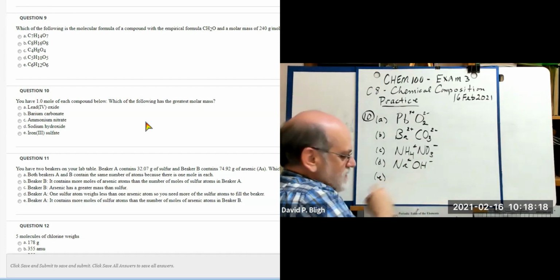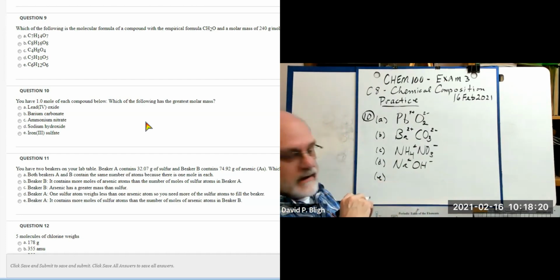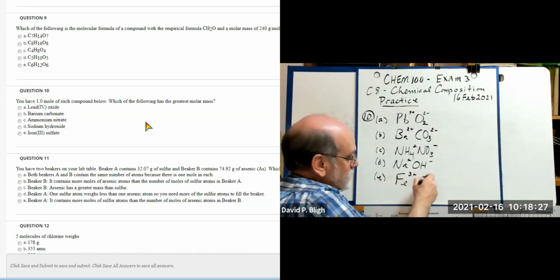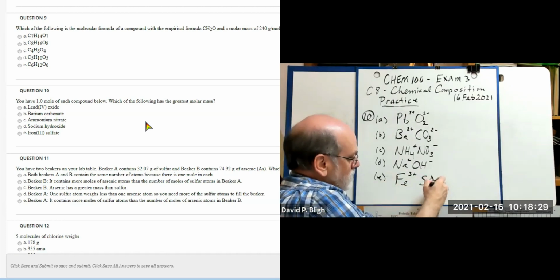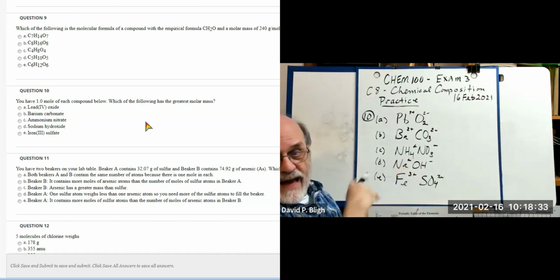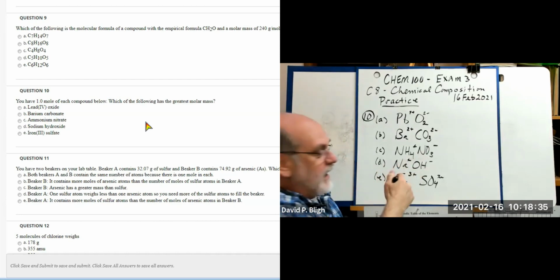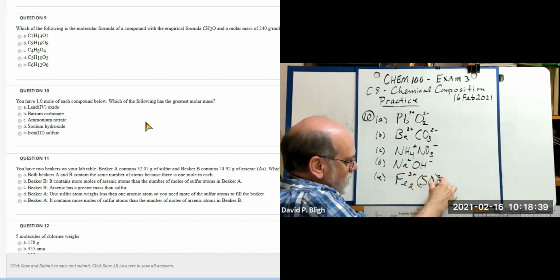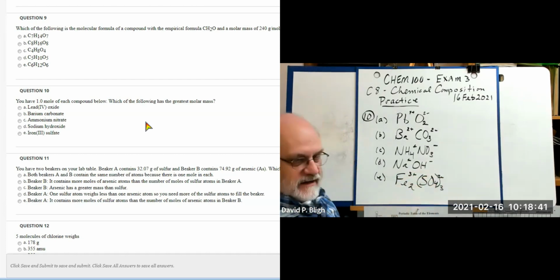And then iron 3 sulfate. So there's iron with its 3+, and there's sulfate with its 2-. So the way you balance that one is you just cross multiply. Bring the 2 over here and the 3 on the outside of that parenthesis.